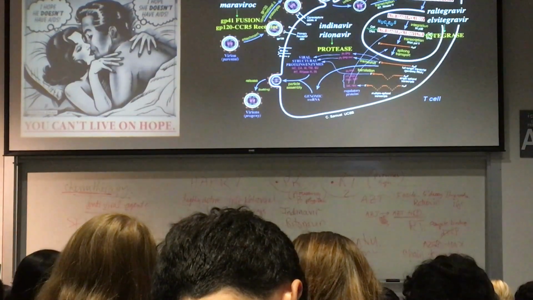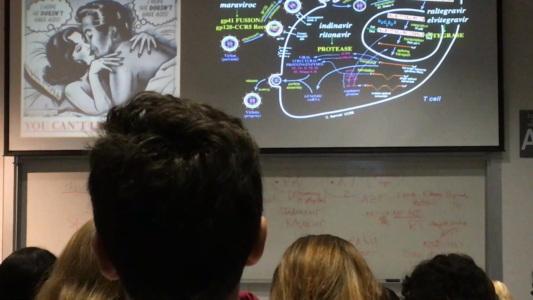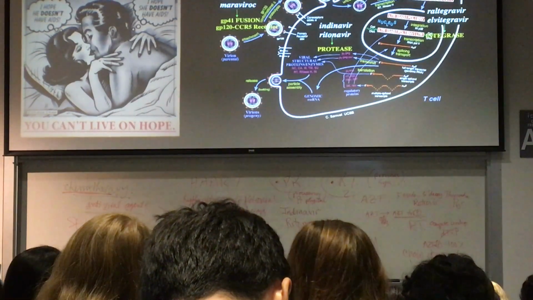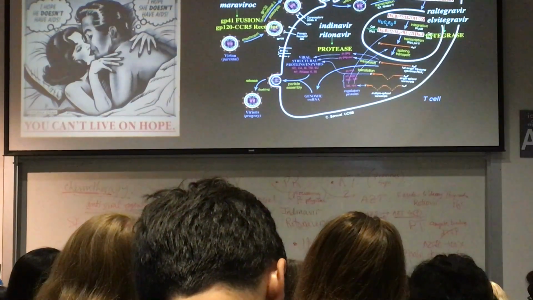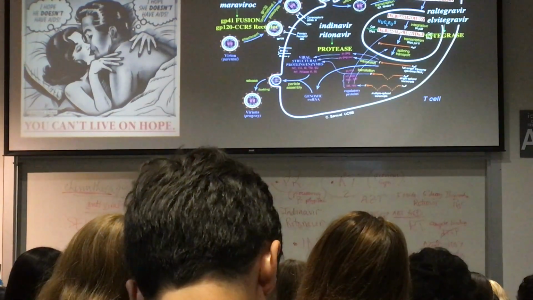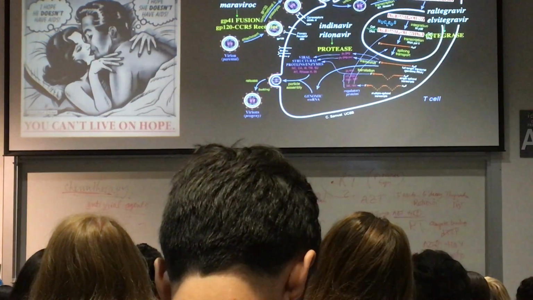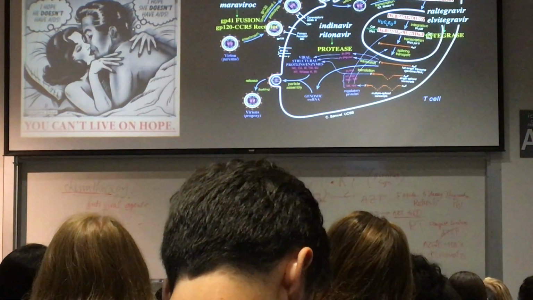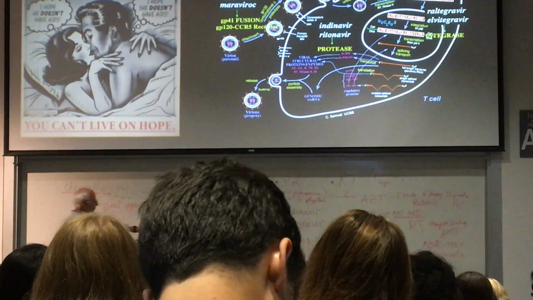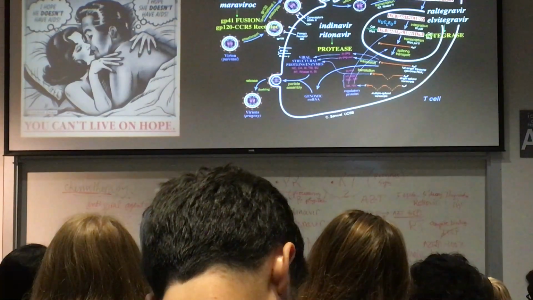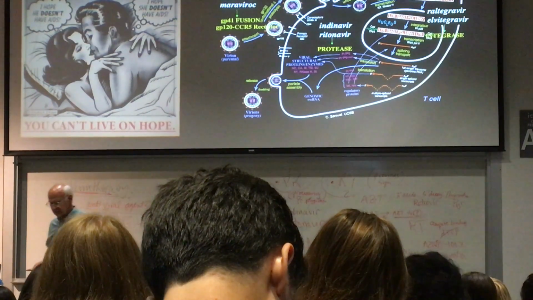The fusion inhibitor is approved, but I'm not sure that the binding inhibitor is yet approved. All right, so that's the direction that work is going, to identify additional inhibitors that will no doubt lead to alterations in the combination therapy strategy for treatment.